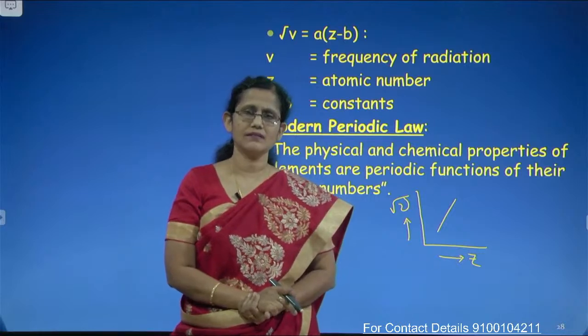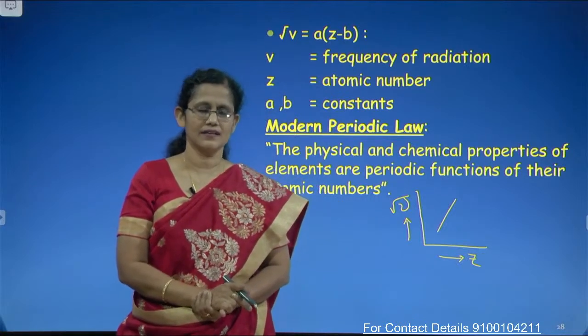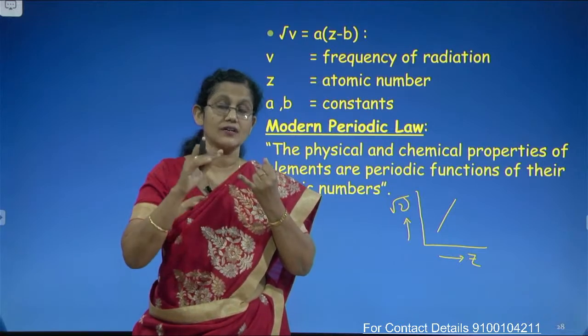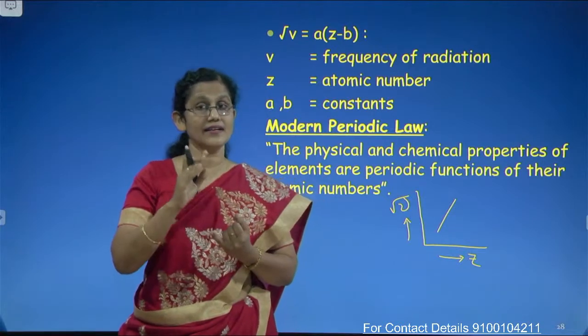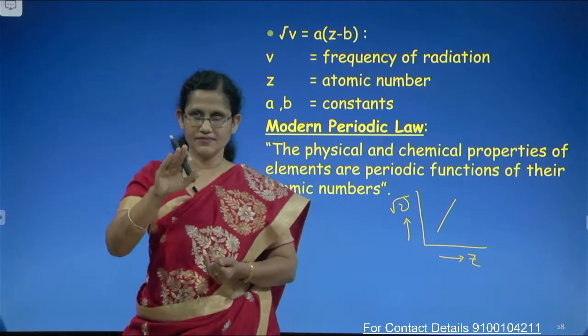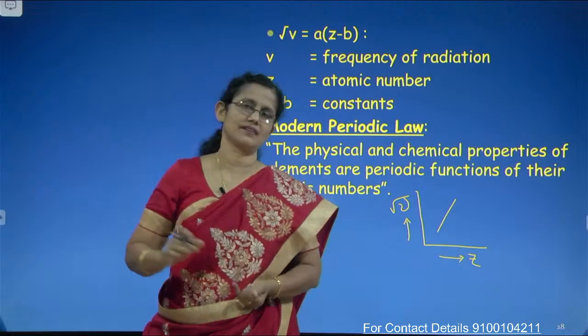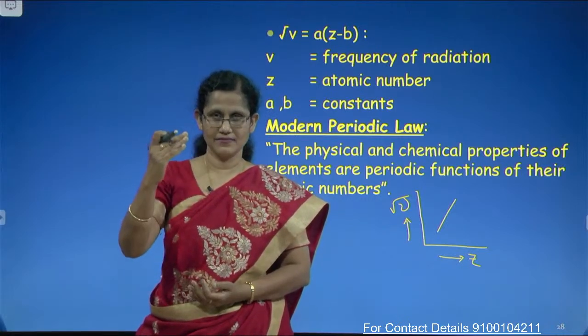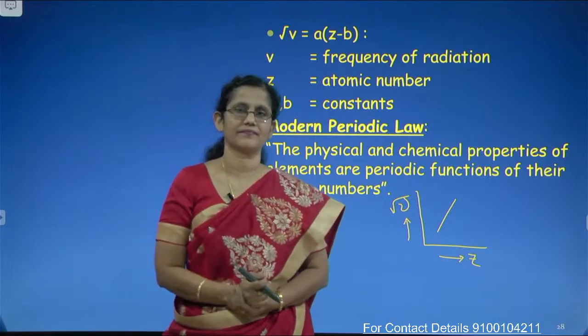So, what are the main features of Mendeleev's table? He studied the properties of undiscovered elements. He left some gaps in the periodic table. What are the missing elements? Scandium, gallium, germanium.